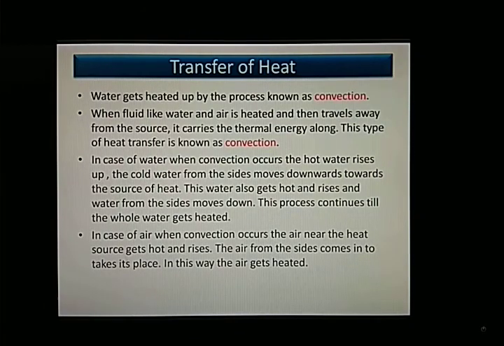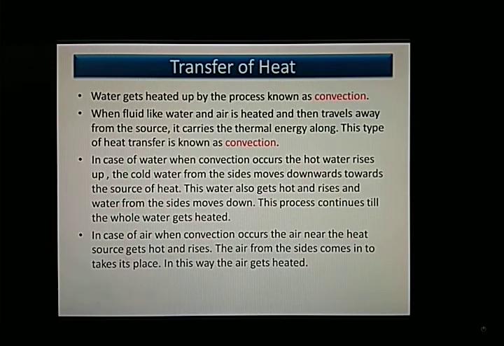The surrounding air comes near the heat source, and again it gets heated up. This cyclic process continues until the whole of the air in the container or in the room gets heated up, and then we say that the whole room is hot.